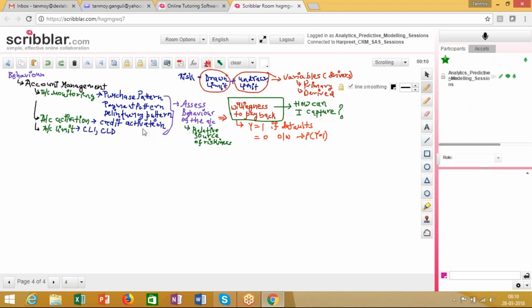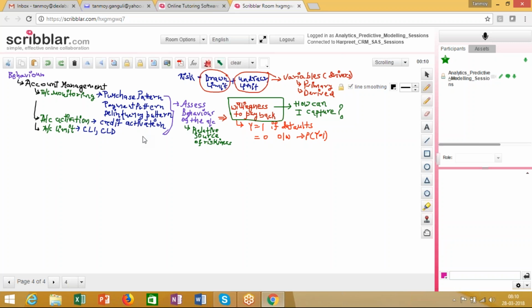It might be that I should give this borrower a credit limit increase, or a credit limit decrease. On what parameter should this limit increase be given, or on what parameter should this limit decrease be given? That is what we need to clearly assess, right?